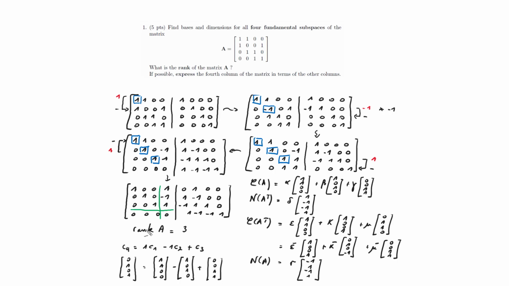So C4 is 1 times C1 minus 1 times C2 plus 1 times C3. This is written over here, and you can check this, right? This is C4, C1, C2, C3, and here the coefficients 1, minus 1, and 1. And if you add this up, you will see that this is indeed correct.